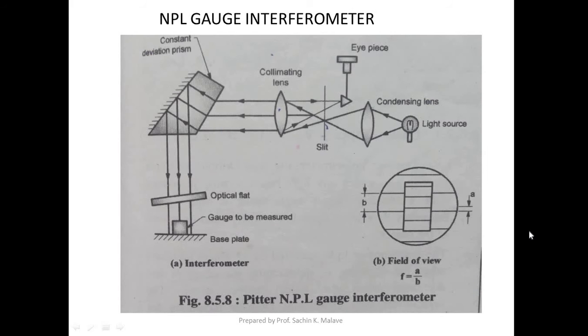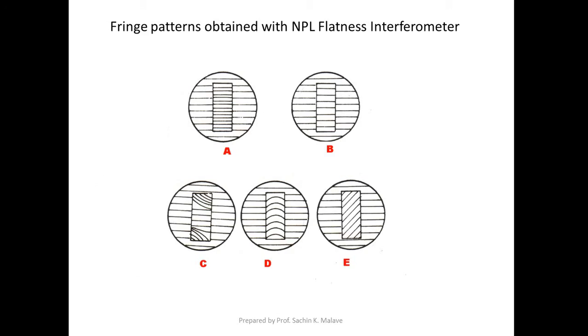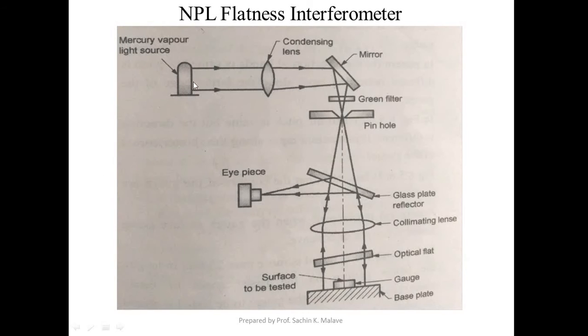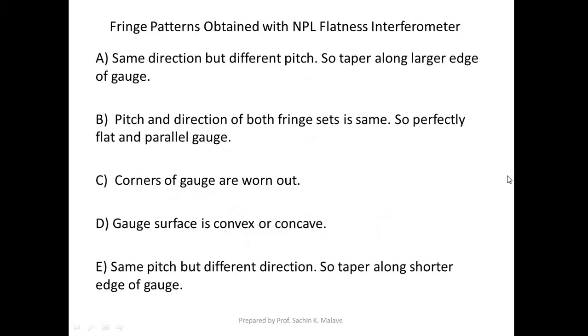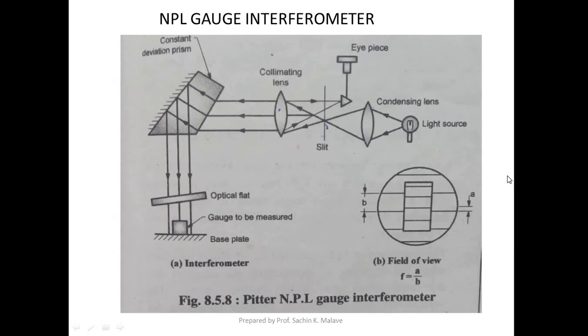Then there is one more interferometer. The interferometer we have seen in the previous case is a flatness interferometer. Remember that it is an NPL flatness interferometer. Now there is one more interferometer, called the NPL gauge interferometer, or the Peter NPL gauge interferometer.